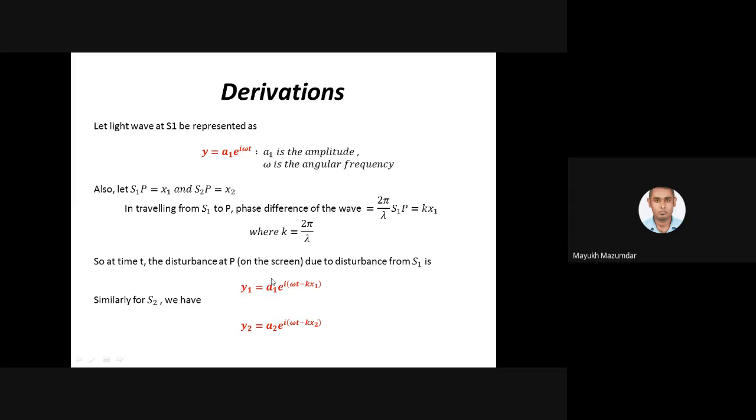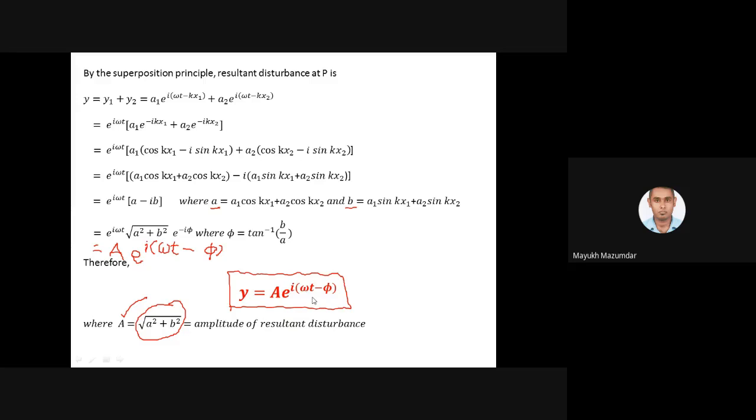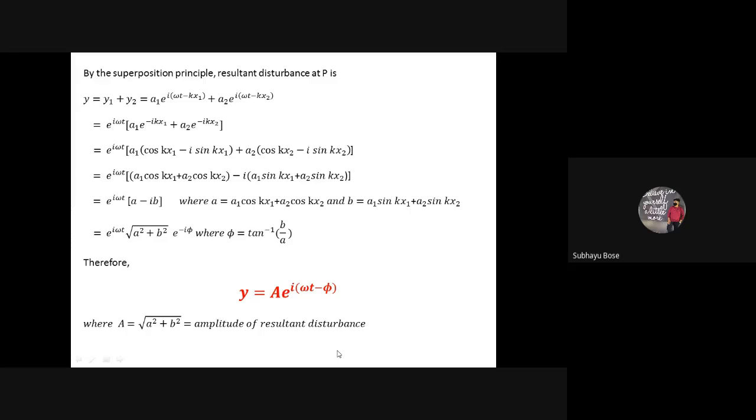The form is similar. There is an amplitude and there is a phase part, e to the power i omega t minus phi. Fine, everyone? Yes, sir.